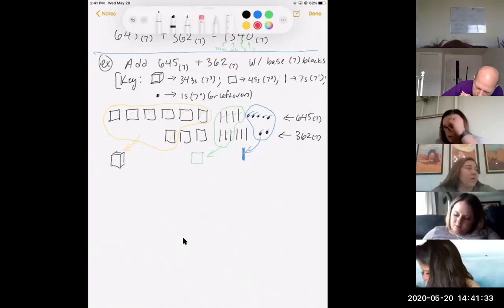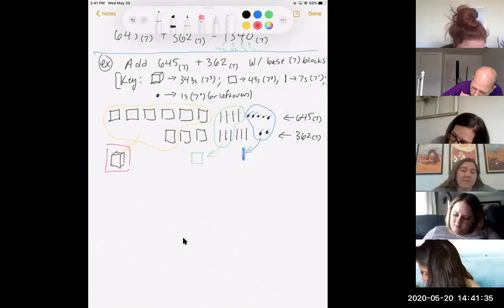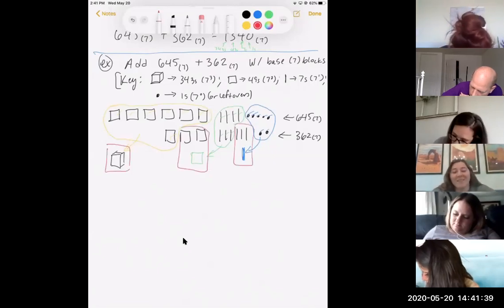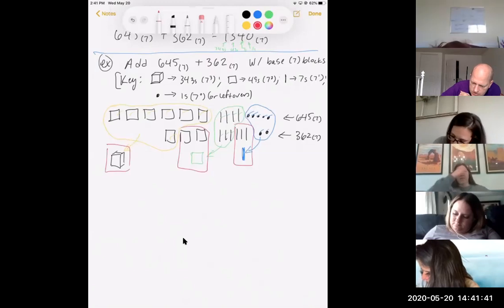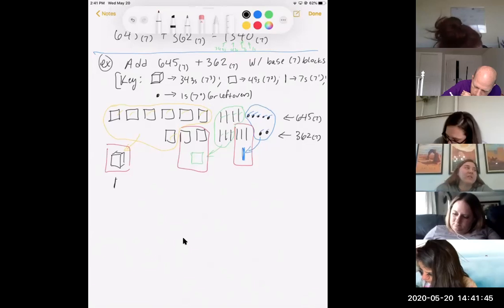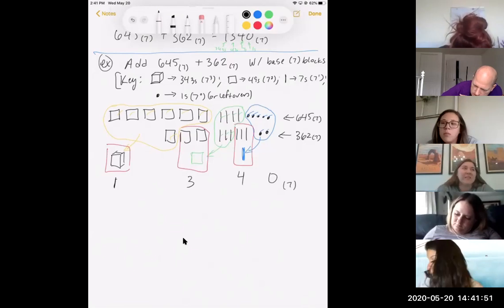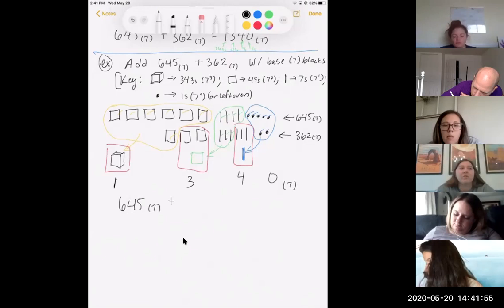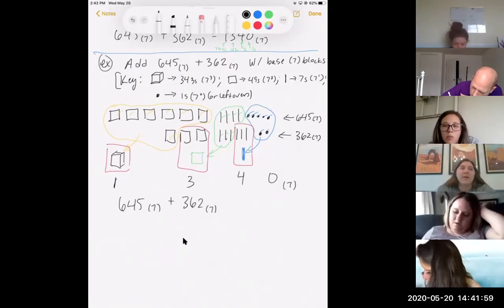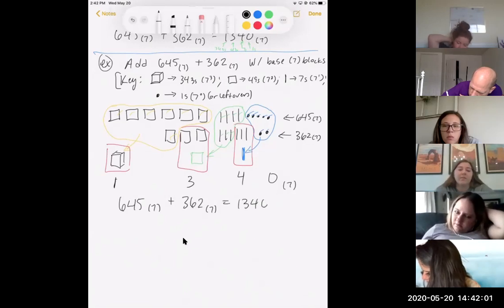And then this is what I have left: a big cube, 3 flats here, 4 rods here, and no leftovers. So there are no single cubes there. Okay, so that's 1, 3, 4, and 0, base 7. So in summary again, we have 645 base 7 plus 362 base 7 is equal to 1340 base 7.